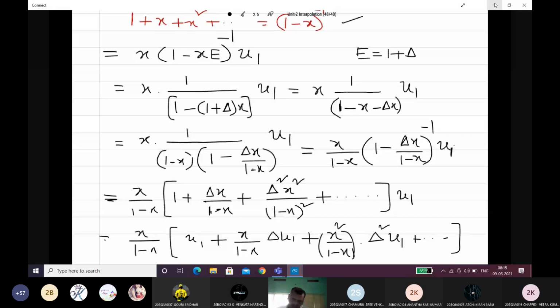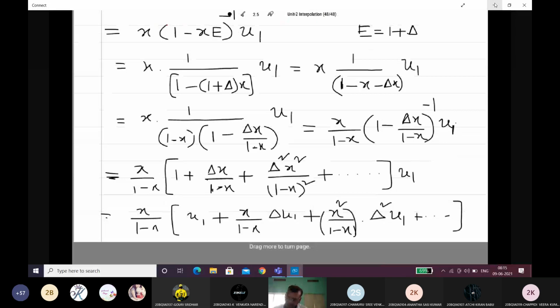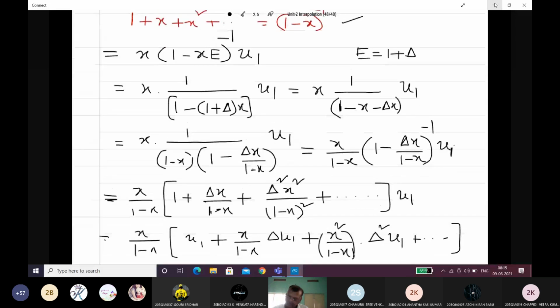Take that value inside, multiplying x by 1 minus x with all terms inside that function.